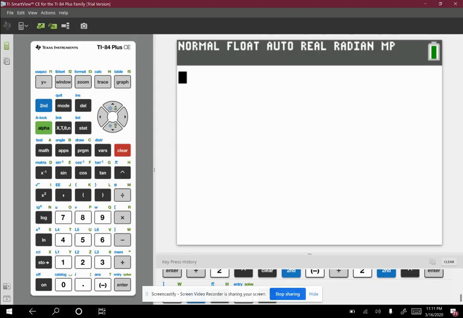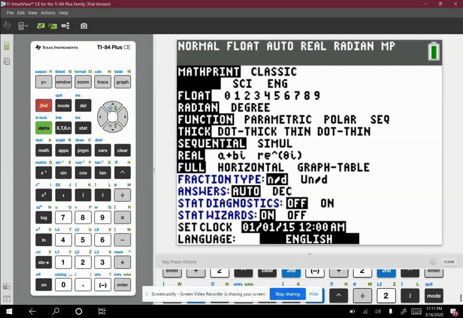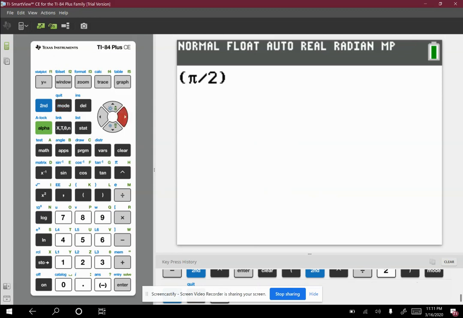All right, so the first one, I'm going to say pi over 2. There's a couple of ways that you can do this. I'm going to put that in parentheses. So I'm going to say second pi divided by 2. Make sure your calculator's in radians. I believe that I already am. So let me check that. Yep, I am. Good. All right, pi over 2, we said minus inverse tangent. Remember, to get your inverse trig buttons, you're going to hit second.